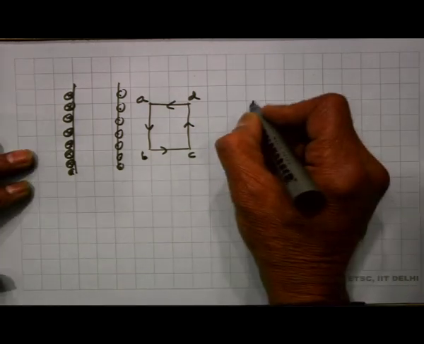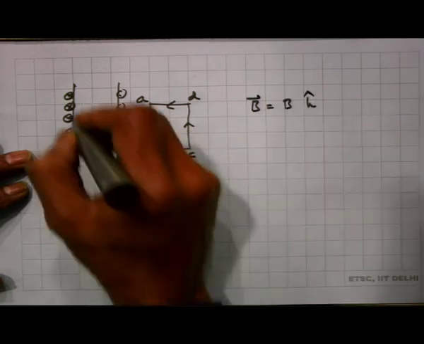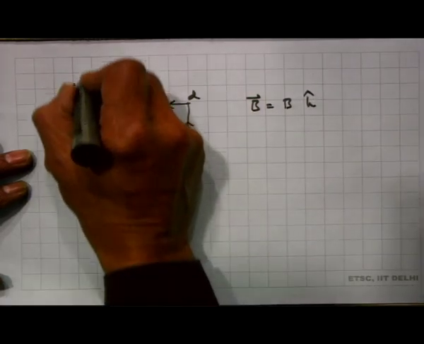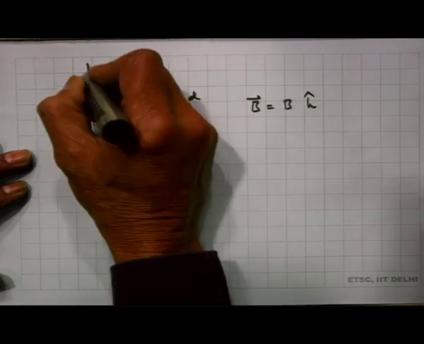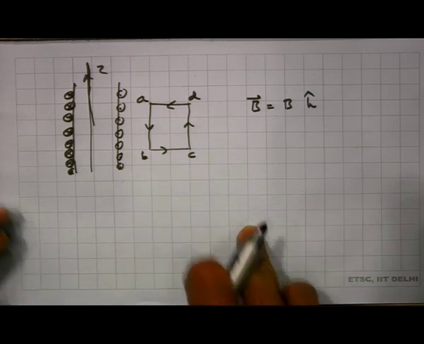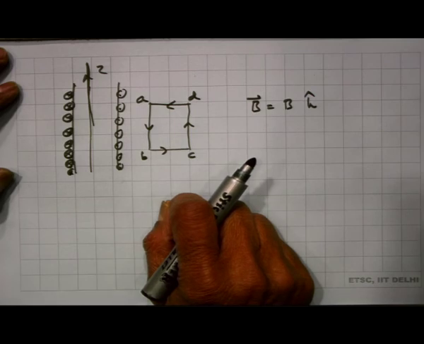So, please remember the z axis: B can only have a z component, and it can only depend on the radius r.